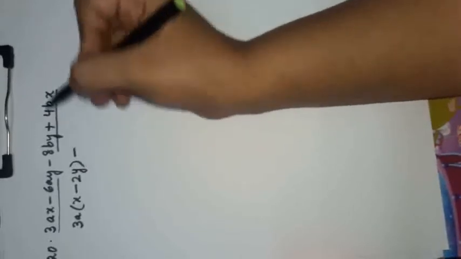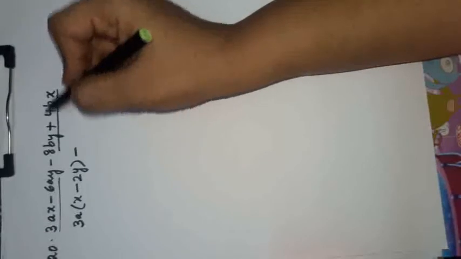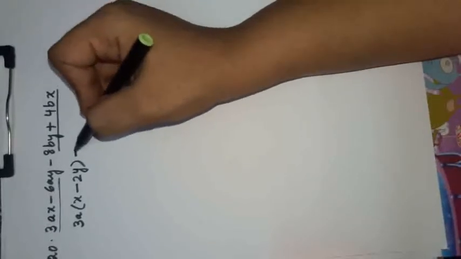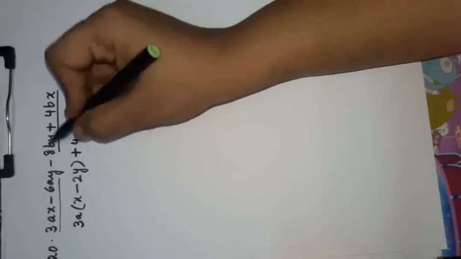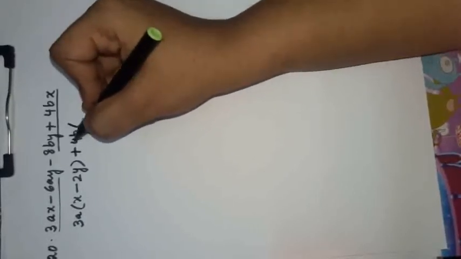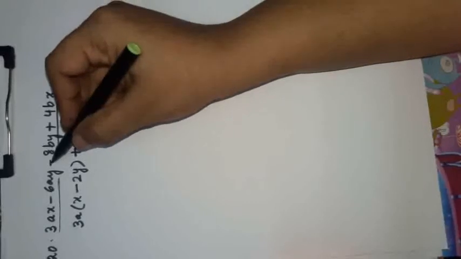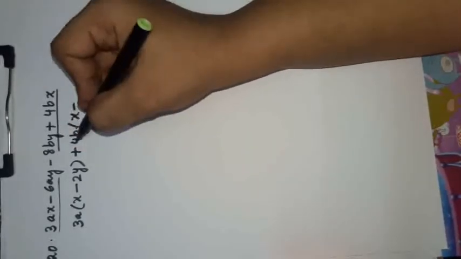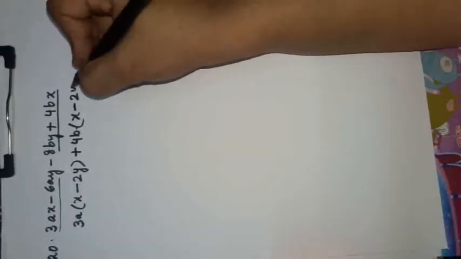Then over here what can you take common? 4 you can take common. So plus 4 we will take common, and both side b you are having. Here 4b already we have taken, so let us just take x. Then minus 4 into what will be 8? 4 2s are 8, then y is remaining.